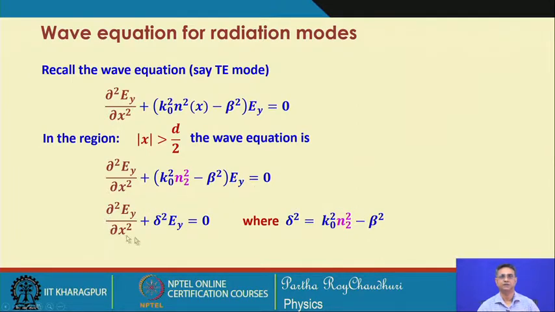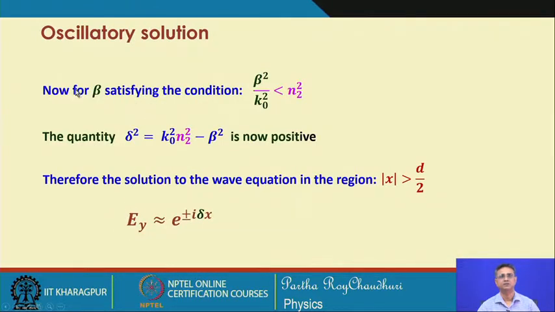This equation is also well known in physics, and we can write the solution as E y equal to e to the power of plus minus i delta x. Now for beta satisfying the condition beta square by k 0 square less than n 2 square, this quantity is positive, so delta is positive.